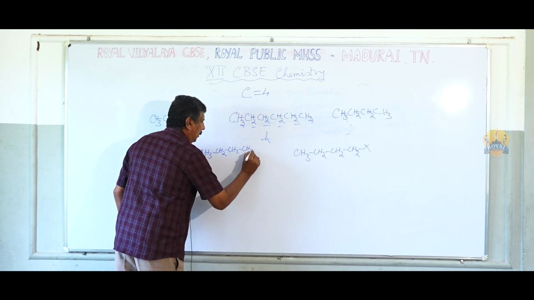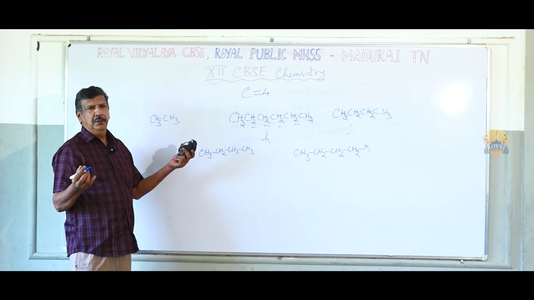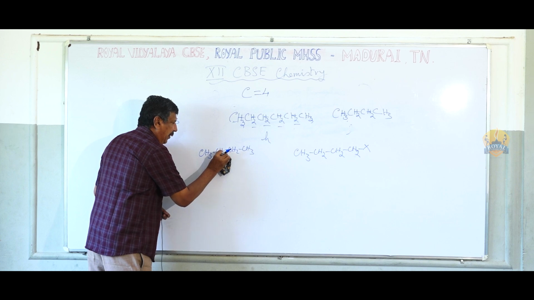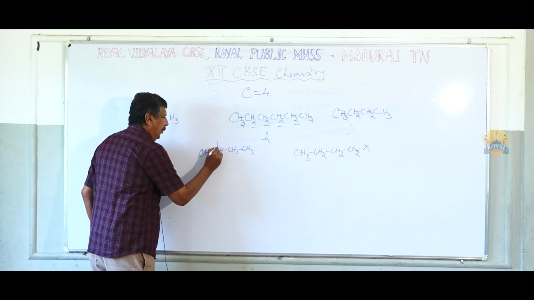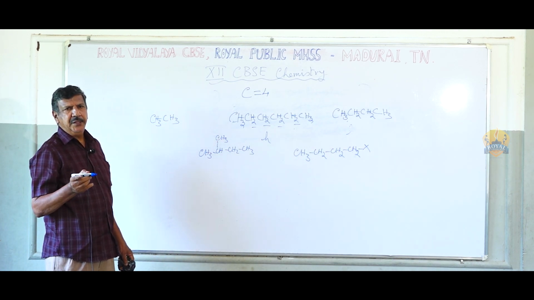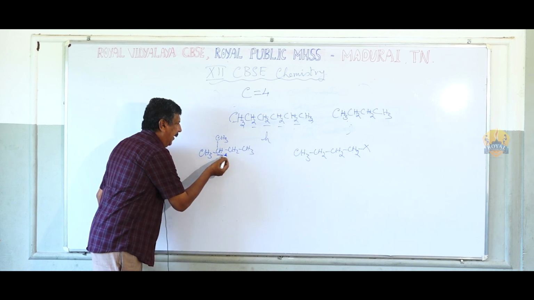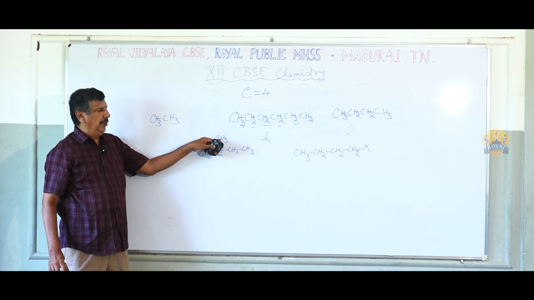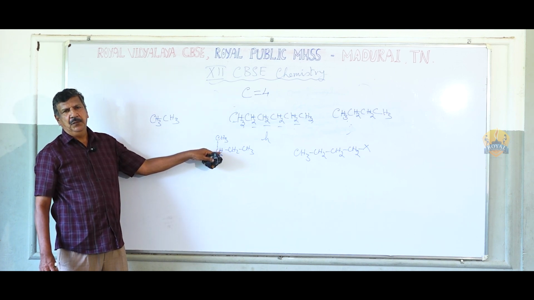If you want to introduce a group in the middle, you can do it. How? You take one hydrogen. That's very, very important. You remove one hydrogen and you can introduce a group on it like this. So you can check that there is only CH when a hydrogen is replaced.